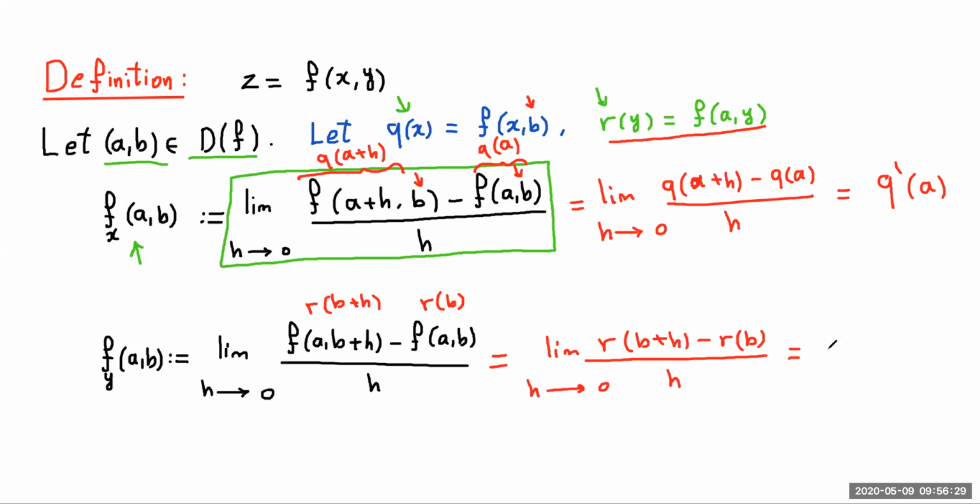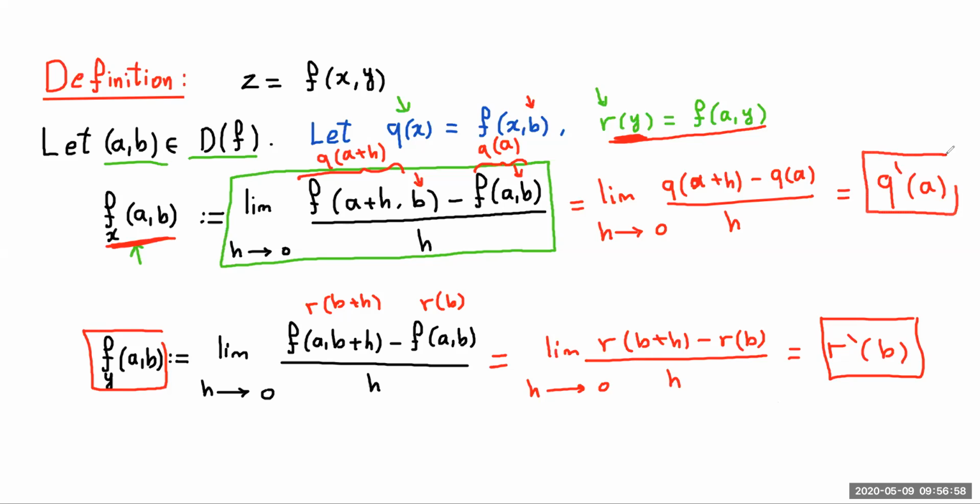So this is by definition the derivative of the function r at the point b. So now the partial derivative could be defined also as the derivative of the function r of one variable y. And also the partial derivative with respect to x could be defined as the derivative of the function q with respect to x, and in r, the derivative with respect to y.